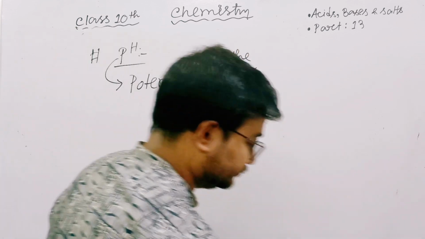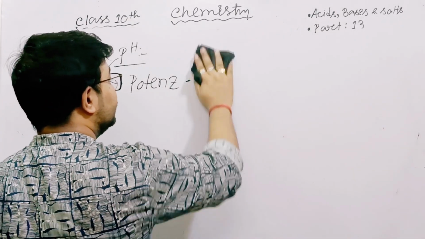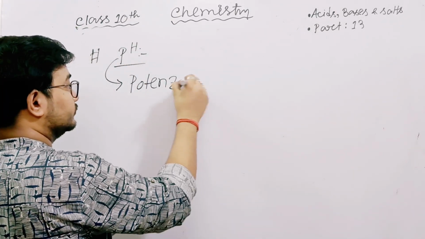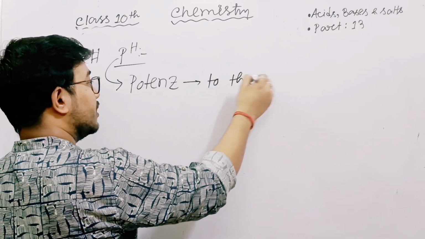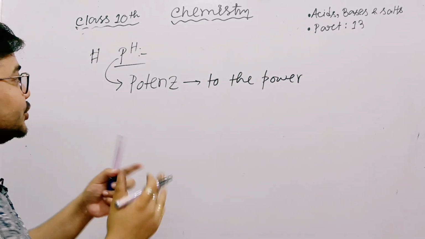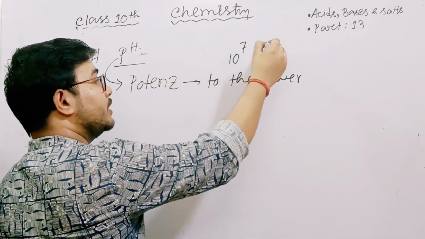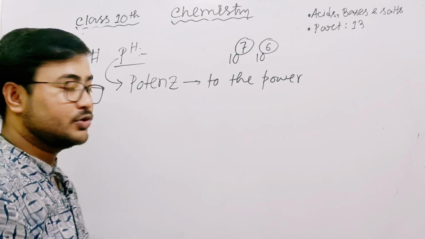So P indicates potence, meaning to the power. All of you know what to the power means: 10 to the power 7, 10 to the power 6, so this 6, 7.